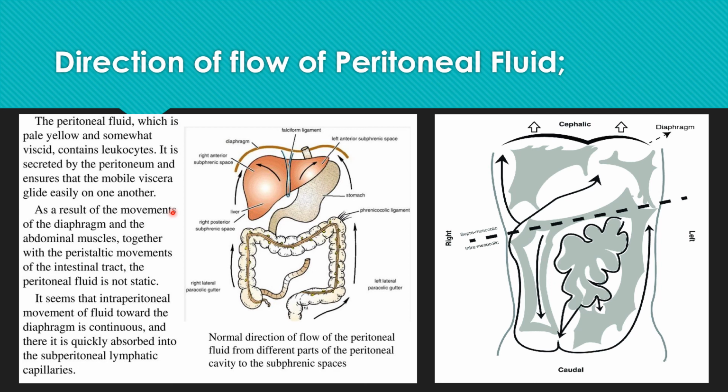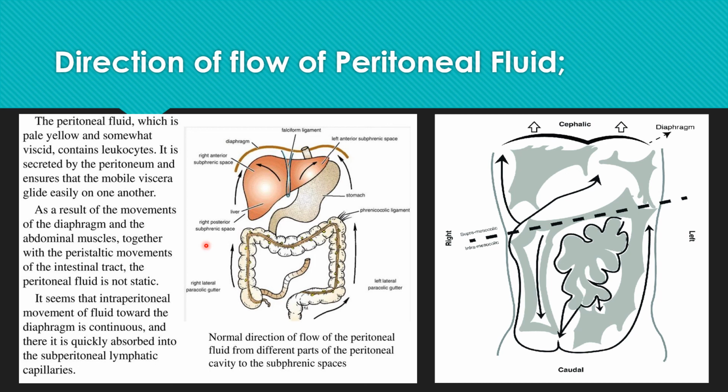You can see in this diagram that the direction of the arrows is toward the cephalic position, that is, the flow is towards the diaphragm. Three factors affect this flow: the movements of the diaphragm, the contraction of the abdominal muscles, and the peristaltic movements of the intestinal tract.